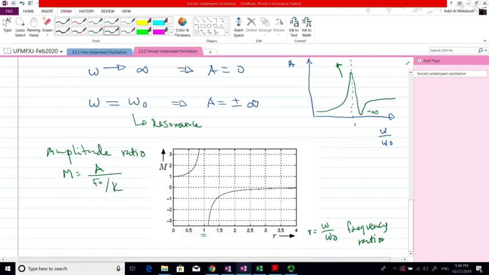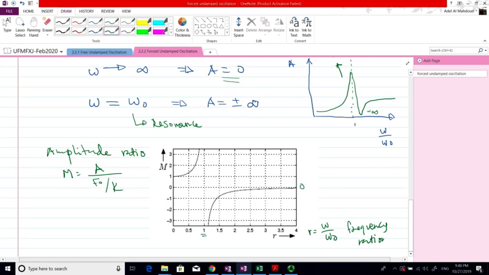As omega over omega naught increases toward infinity, the amplitude becomes very close to zero, approaching zero.